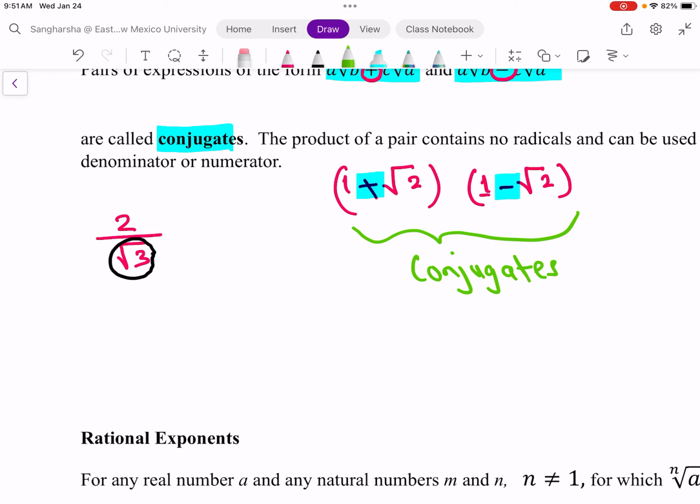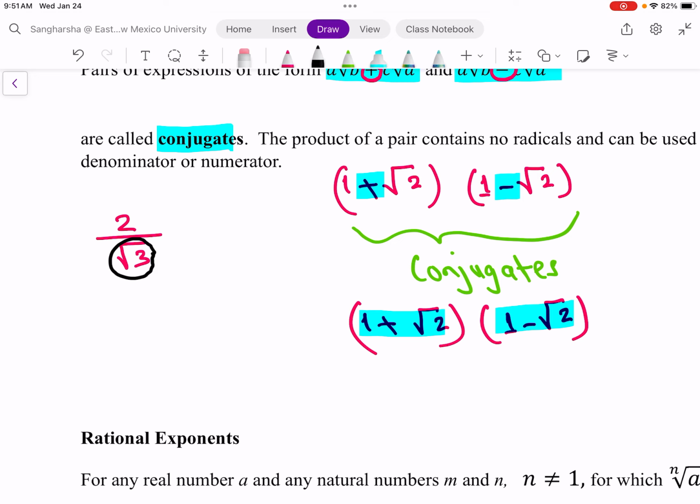Okay, let's see the product of these two numbers. So we have 1 plus root 2 times 1 minus root 2. Here we have two terms, that is we have a binomial times a binomial, and if we have a binomial times a binomial, we use FOIL.